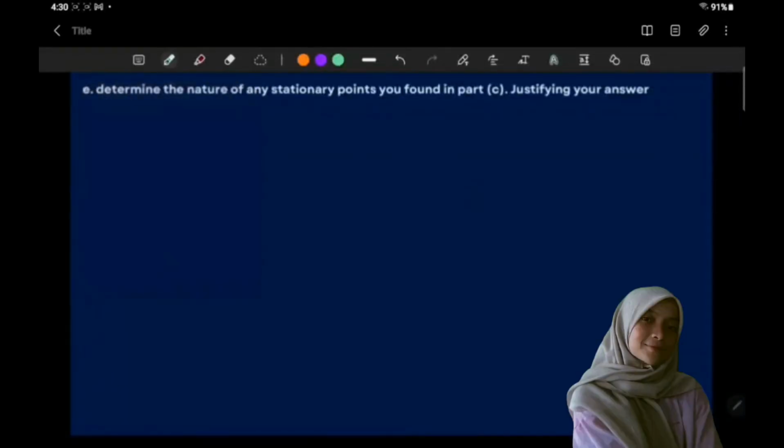Determine the nature of any stationary point you found in part C, justifying your answer. So, dy per dx equals 9x squared plus 4x minus 5. d squared y per dx squared equals 18x plus 4.